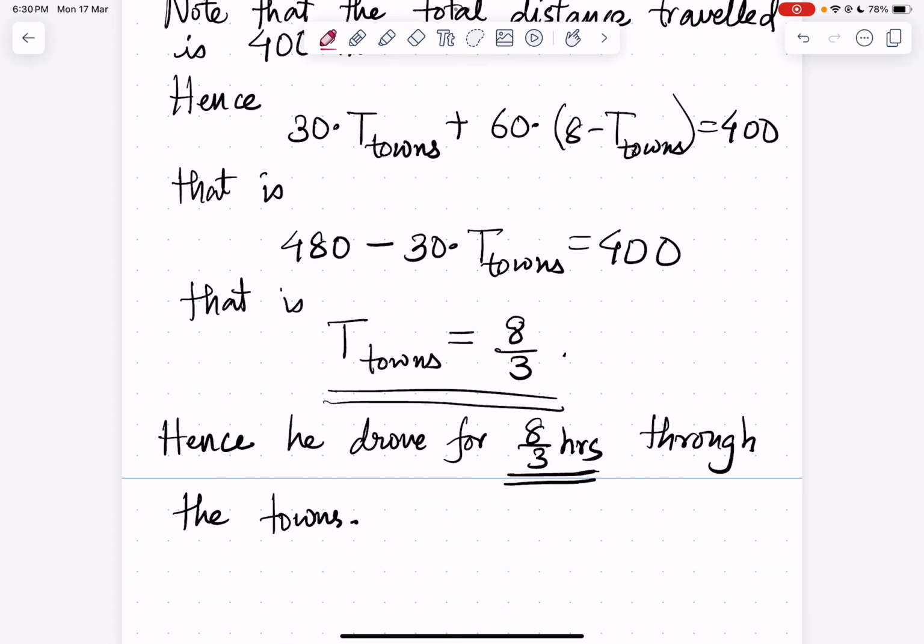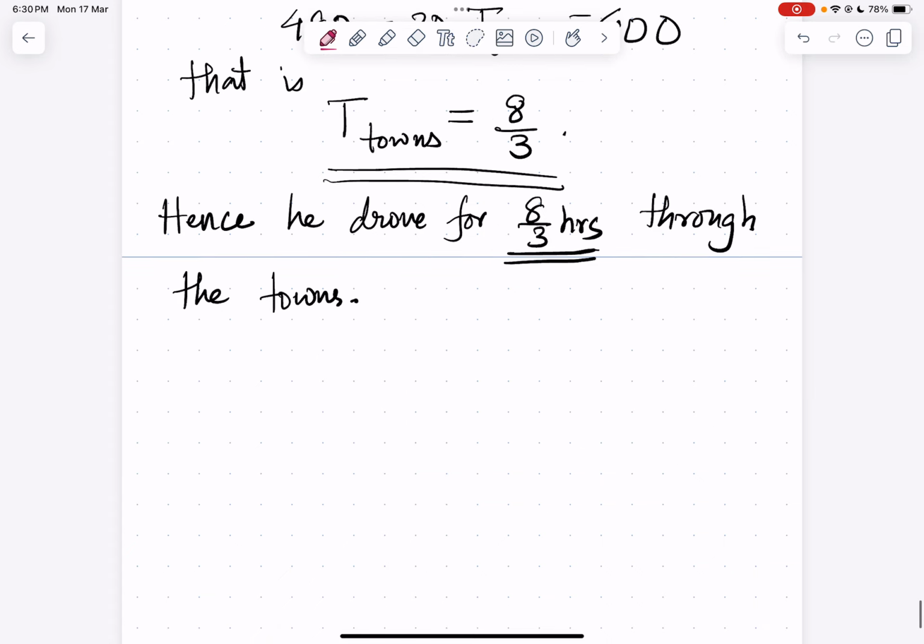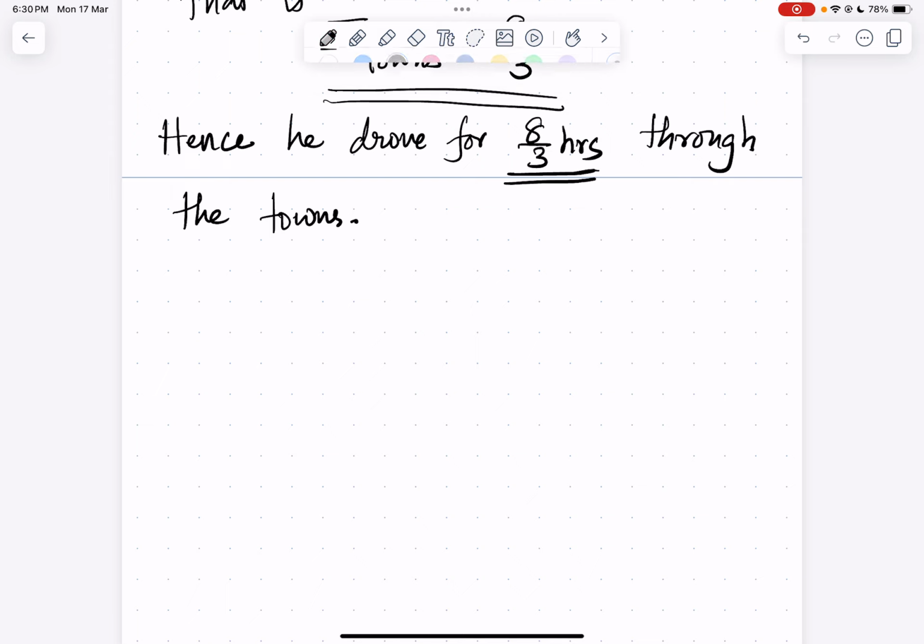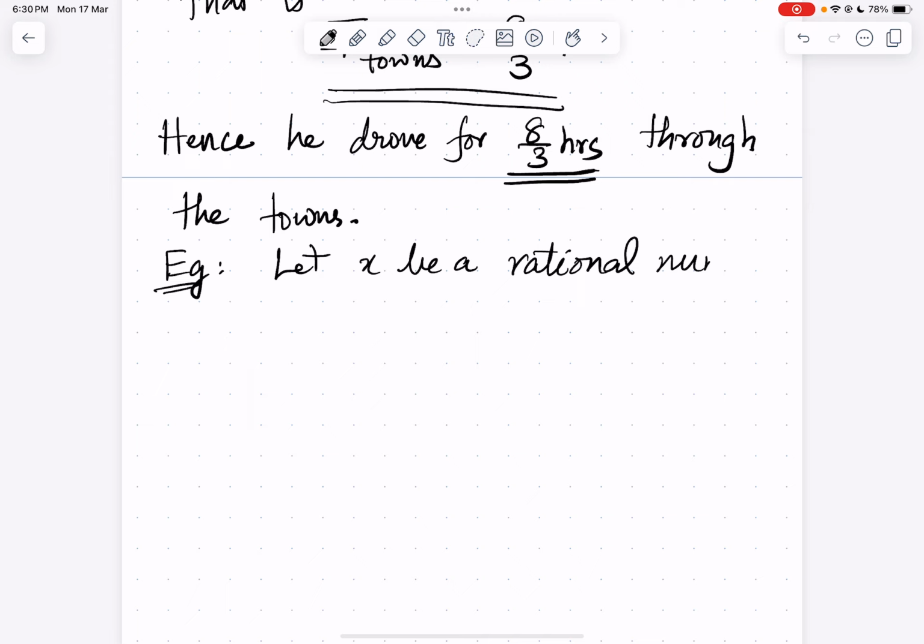Another example. Let x be a rational number. So now what is 1 plus x plus x squared plus so on till x power n?